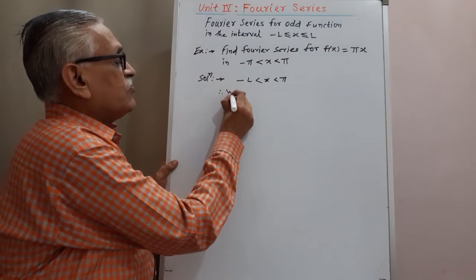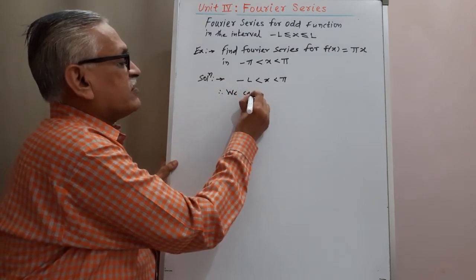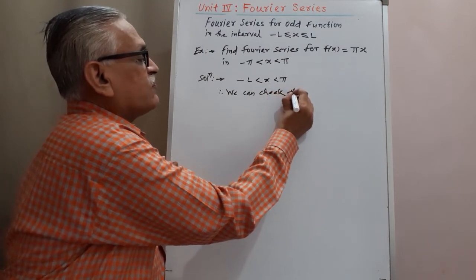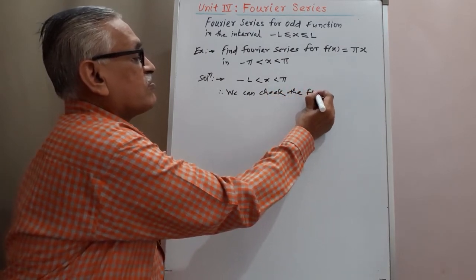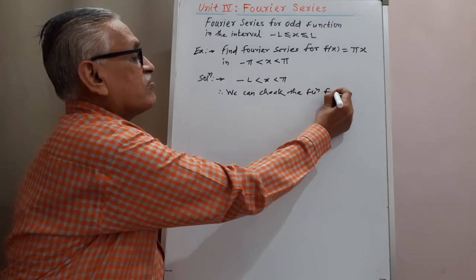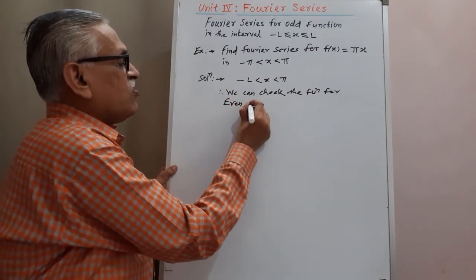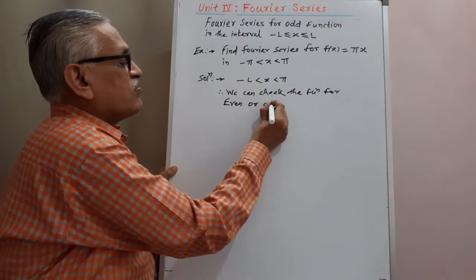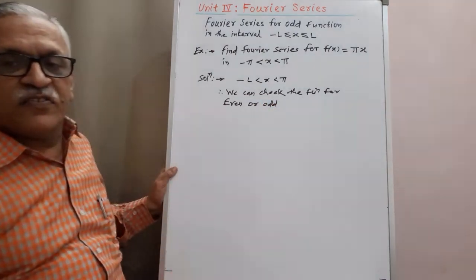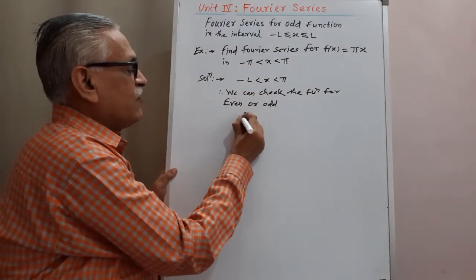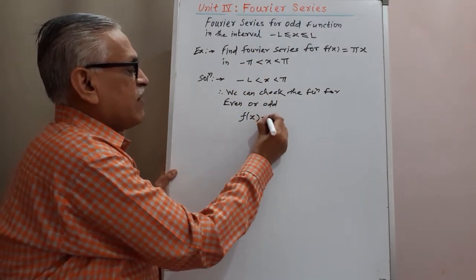Therefore, we can check the function for whether it is an even or odd function. Therefore, f of x is pi x.